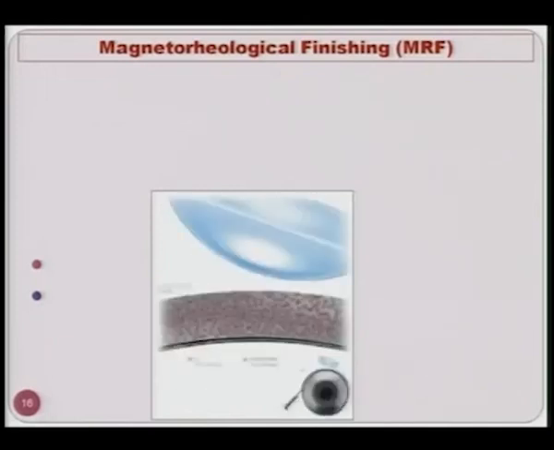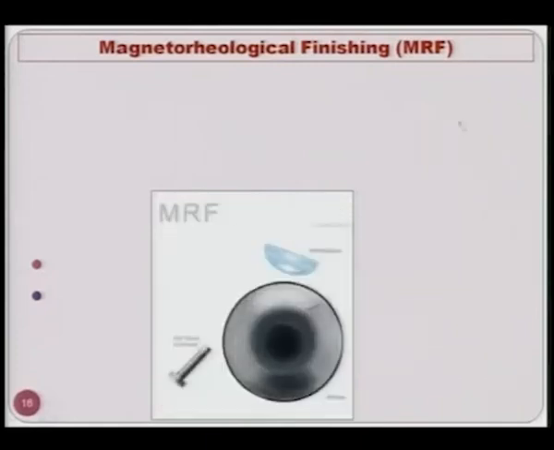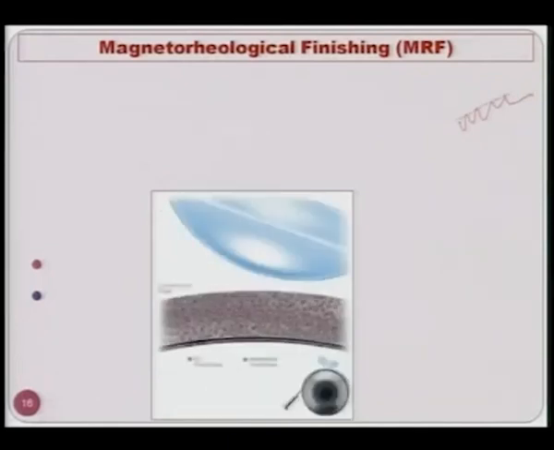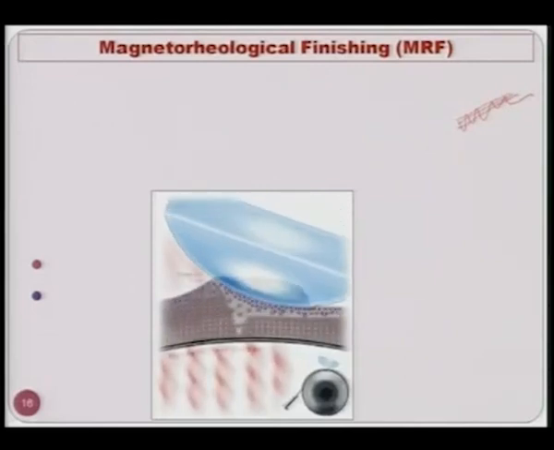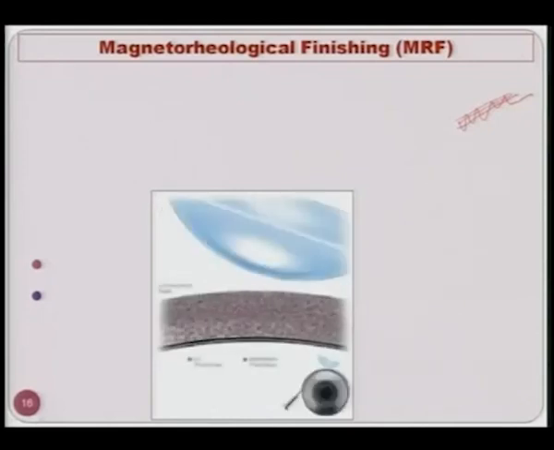So, when these abrasive particles come in contact with the lens and there is a relative motion between the lens and these abrasive particles, they remove the peaks from the surface of the lens slowly, and finally you can get a very good surface finish of nano level, and this surface finish can lie between 1 to 10 nanometer. In some cases they have found even less than 1 nanometer as the surface finish.